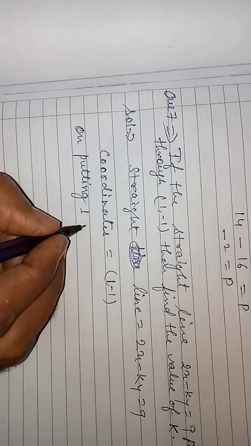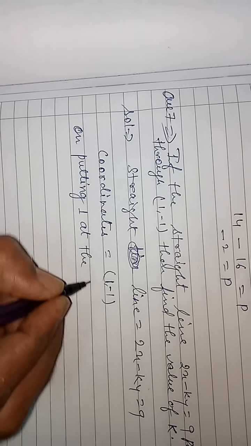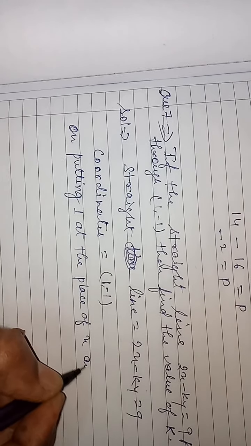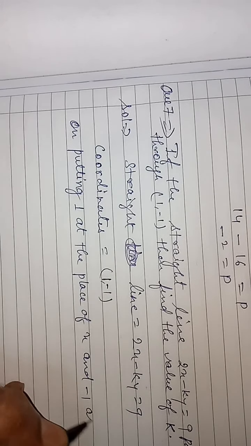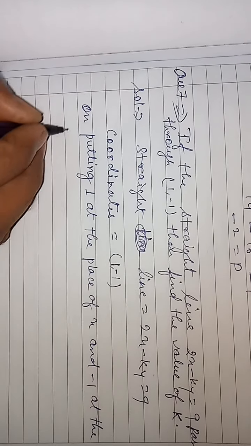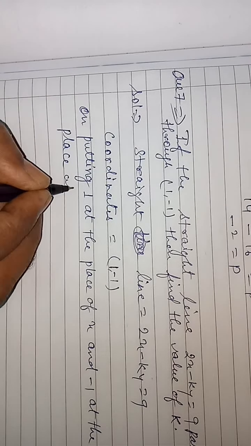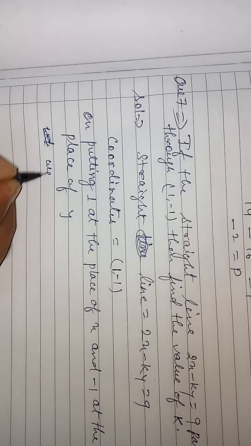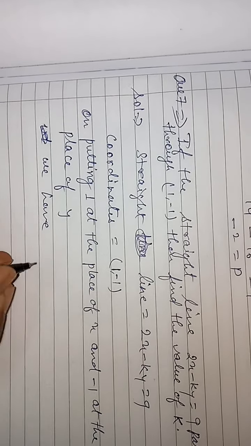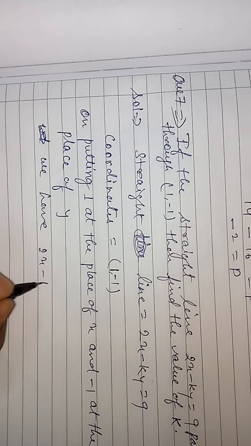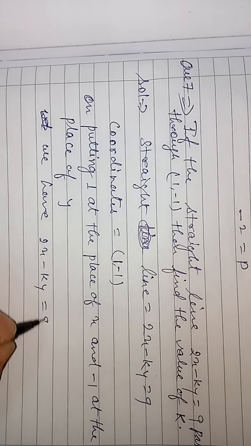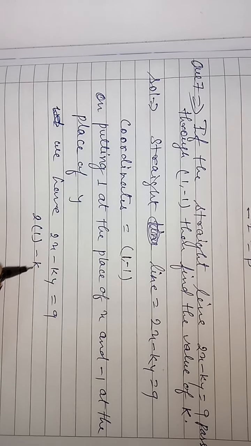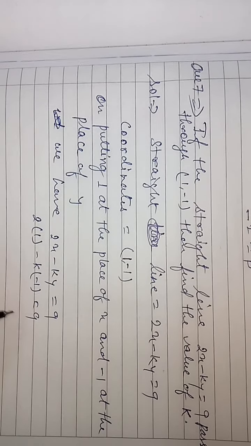So on putting 1 at the place of x and minus 1 at the place of y, we have 2x minus ky is equal to 9. 2 into 1 minus k into minus 1 is equal to 9.